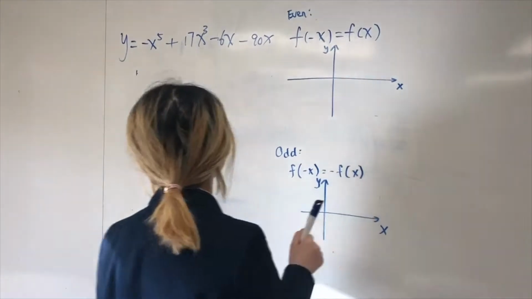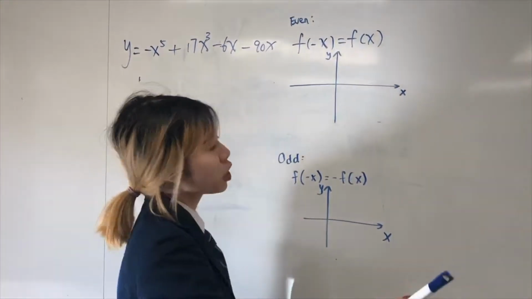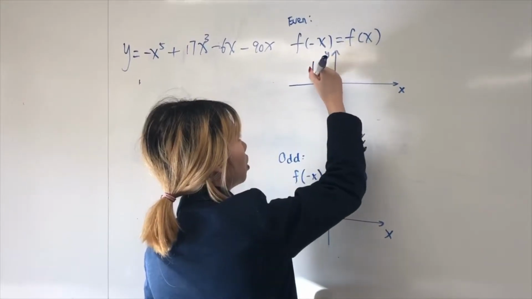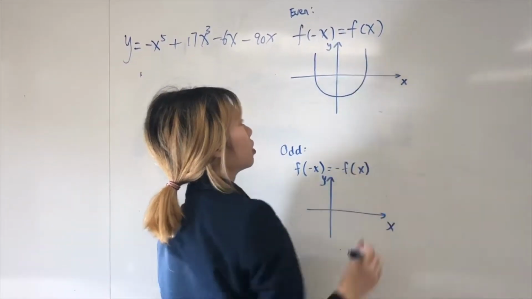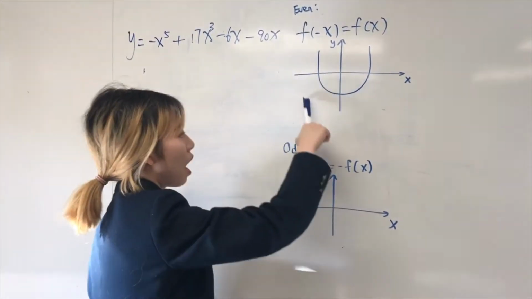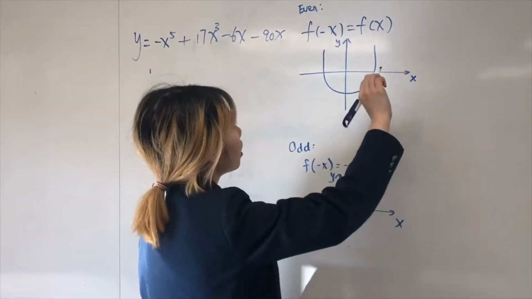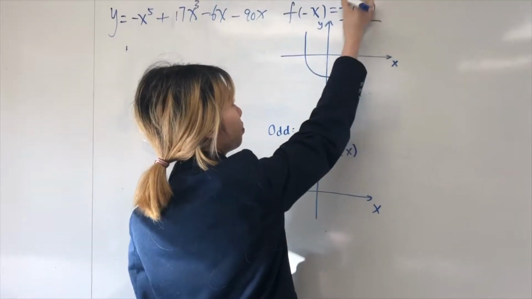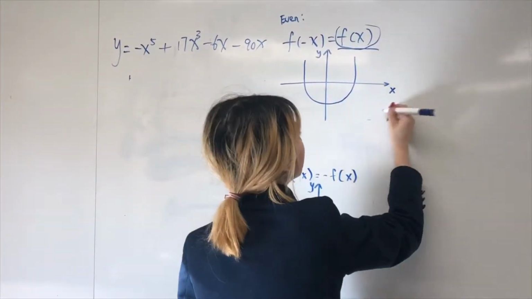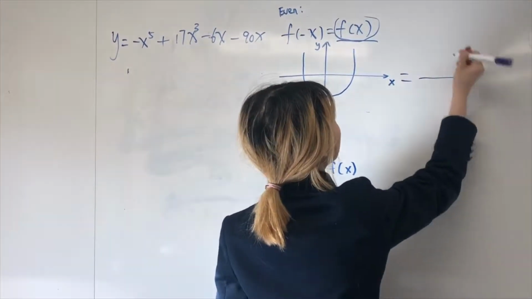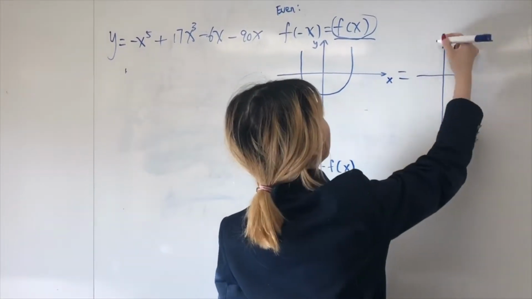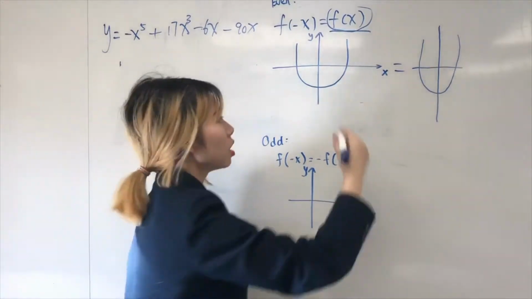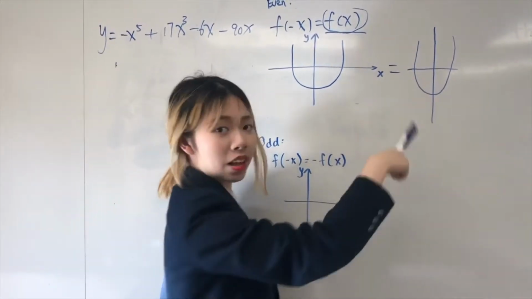Now let's find the symmetry. If the function has an even symmetry, just for example, this function is equal to whatever it reflects on the y-axis. These two graphs look the same.